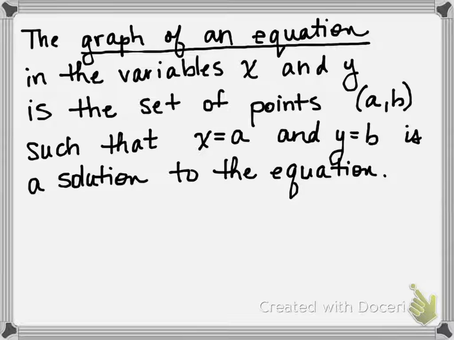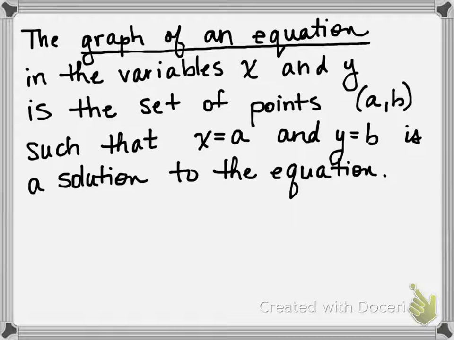We've talked about the definitions of expressions, equations, solution sets, and so today on this video we're going to talk about the definition of the graph of an equation. So essentially the graph of an equation, if we have an equation in two variables, say in the variables x and y, we're going to take all the solutions and we're going to graph the solution set.